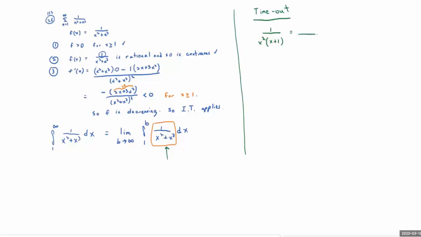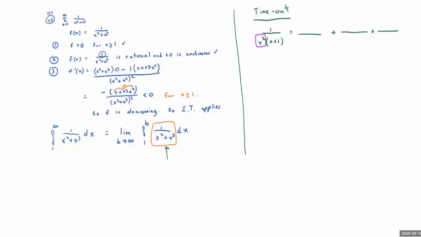I'm going to split it up into two separate fractions. So remember, that's partial fractions. Oh, partial fraction decomposition. Yeah. Actually there's going to be 3 of them, because we can think of this as a repeated linear factor.